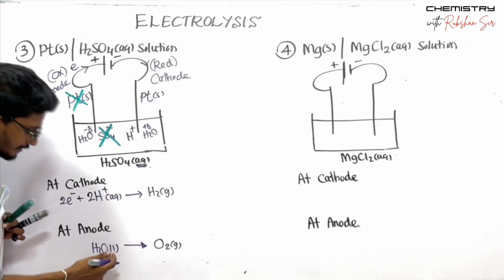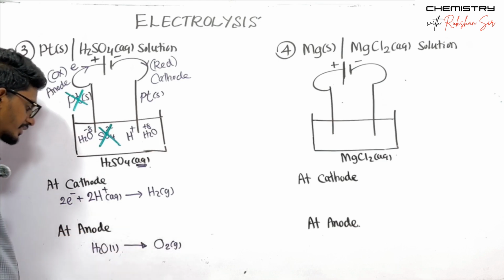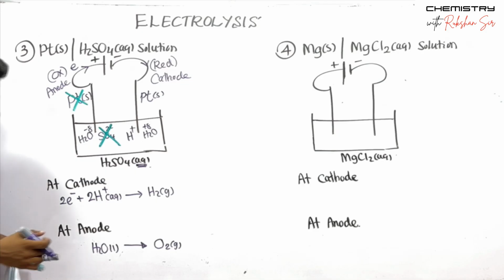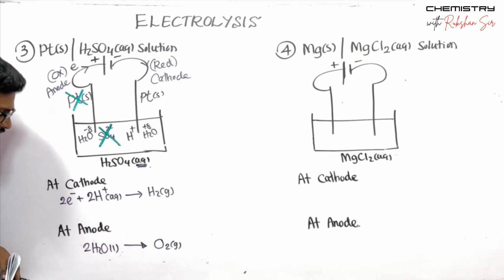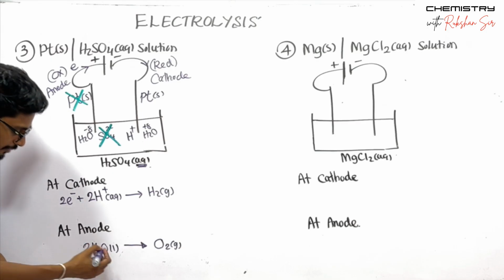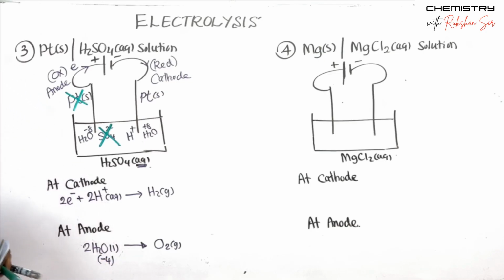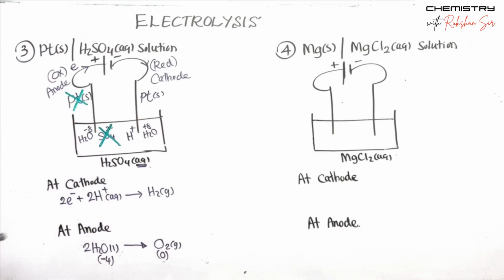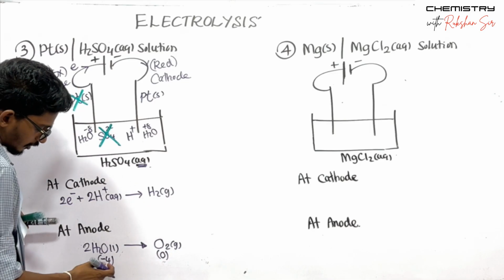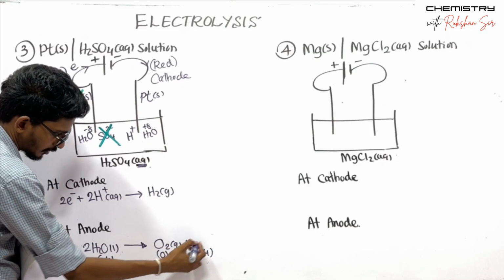Don't forget to write the physical state, right? You won't get marks if you haven't written the physical state. So let's complete this off. 2 oxygen atoms are there, so 2 should be written. Then oxidation state balancing. One oxygen carrying -2, such 2 are there, -4. This is 0. So to balance the oxidation state, -4 is needed for this side. That means 4 electrons.